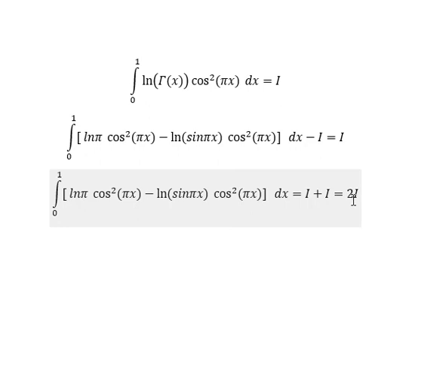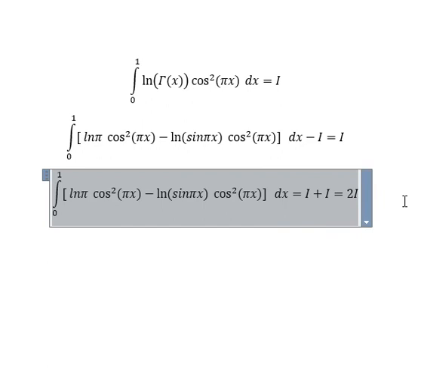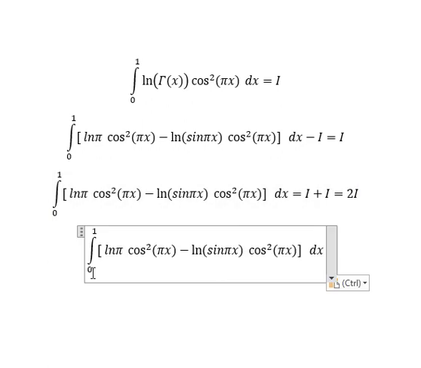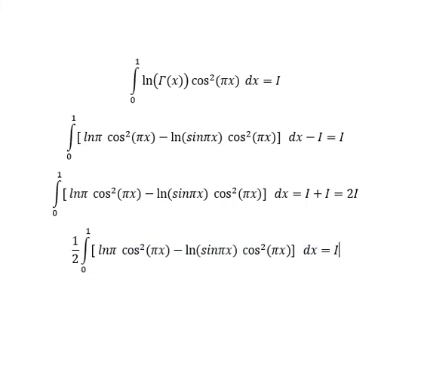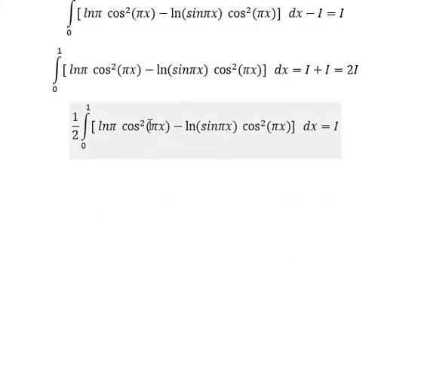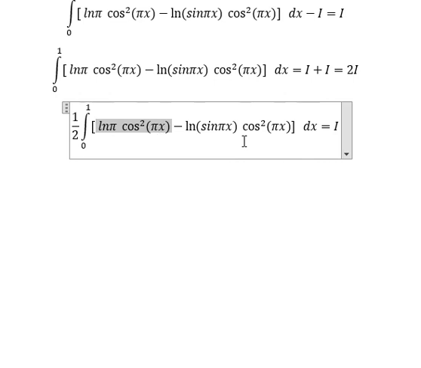Because we need to find the value of I, so we need to divide both sides by number 2. And now I will show you how to answer this one.